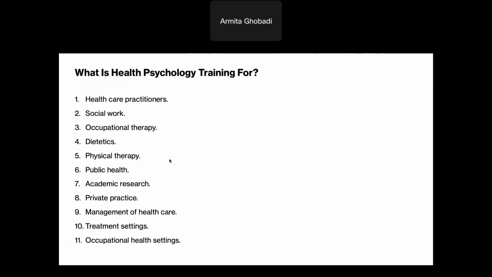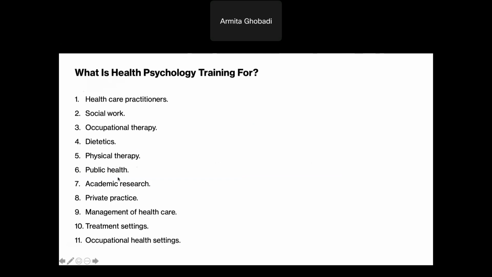So why should we use this training and for what fields can it be useful? First of all, healthcare practitioners and doctors use it all the time. Then comes social work. Social workers use health psychology a lot, for example, to measure people's well-being, to measure their physical status and all that.